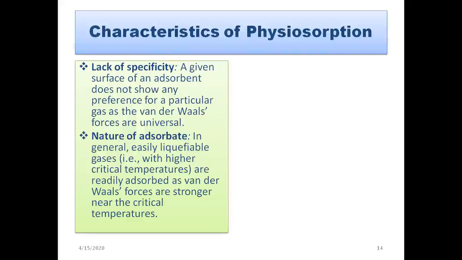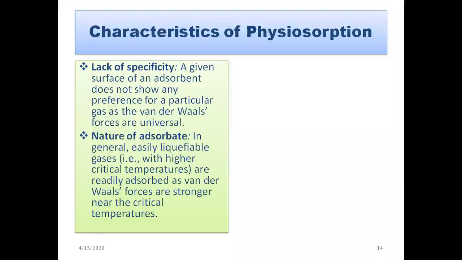What about the next point, that is, the nature of the adsorbate? If you remember, in states of matter, you know the ease of liquefaction. If attractive forces are more in the gas, then the gas can be easily liquefied. Similarly, if the gas can be easily liquefied, then it can be easily adsorbed on the surface.